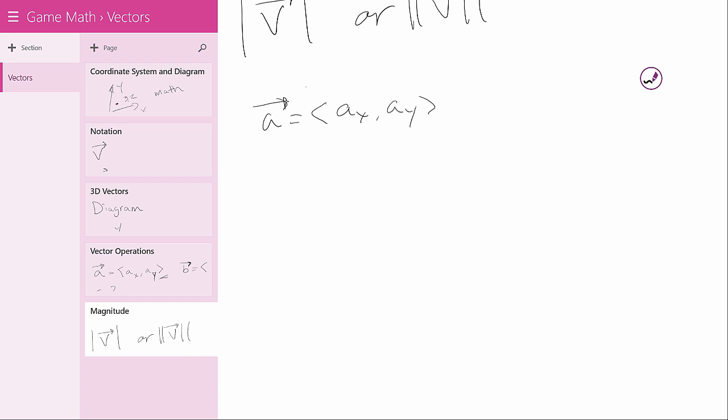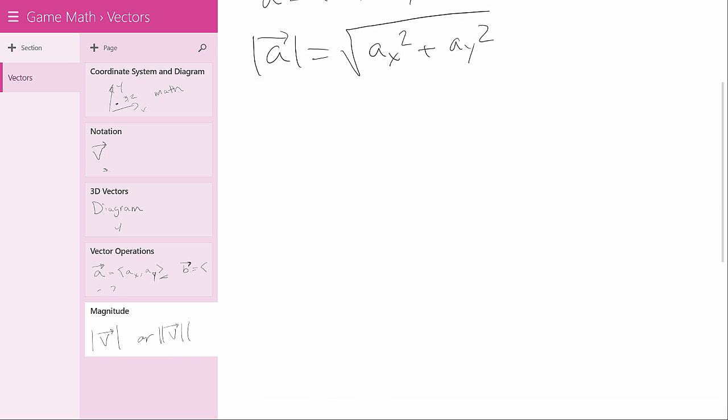So what is the magnitude? That is equal to the square root of ax squared plus ay squared. On some libraries, this is built in.